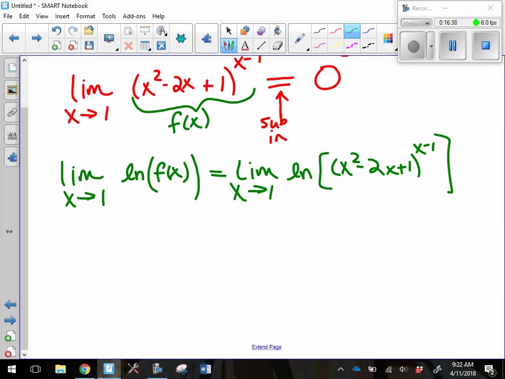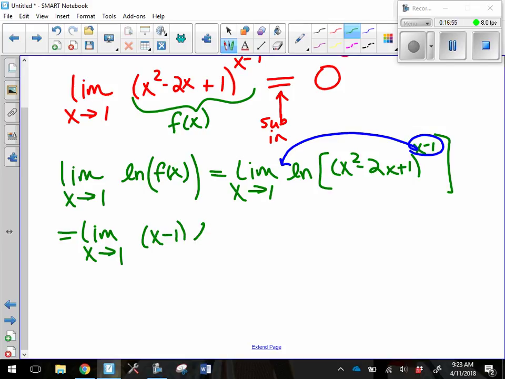And then what really cool thing can I do because it's a natural log? I can pull down the exponent and put it in front. So this is going to give me the limit as x goes to 1 of x minus 1 times the natural log of x squared minus 2x plus 1.